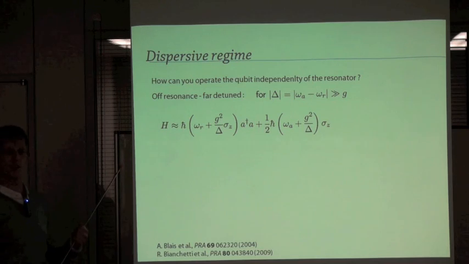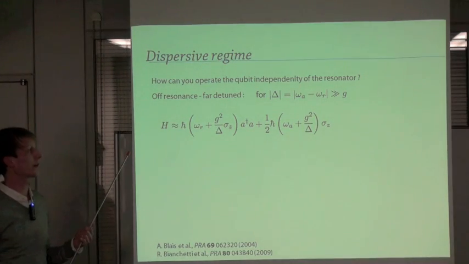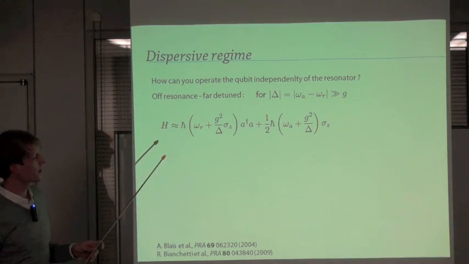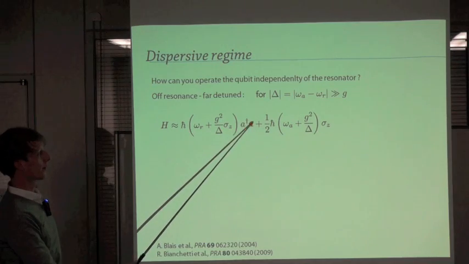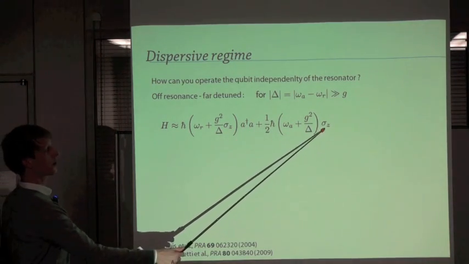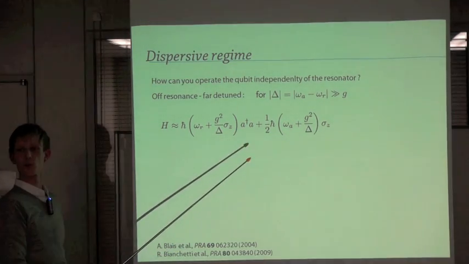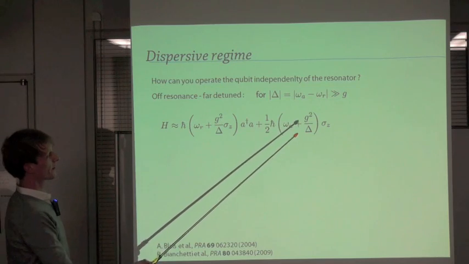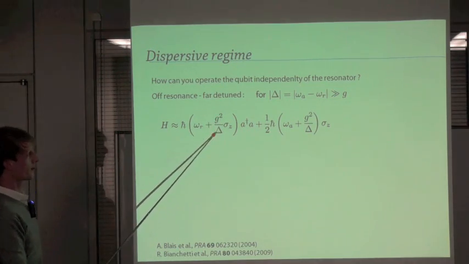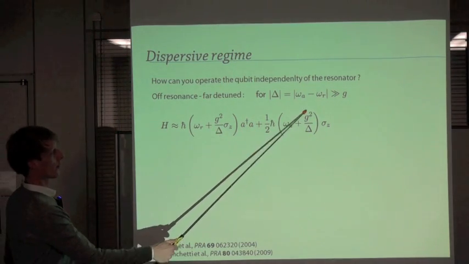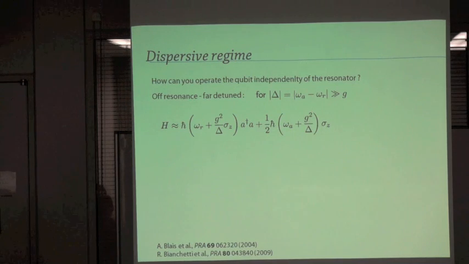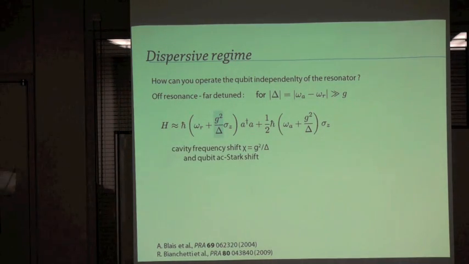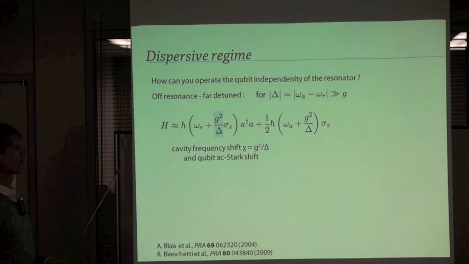Then you can take the Jaynes-Cummings Hamiltonian and simplify it. So you'll see that you still have the resonator and the qubit, but the interaction term has vanished. What you have instead is a renormalization of the frequencies of the two. This term is here. So one term is the cavity frequency shift.